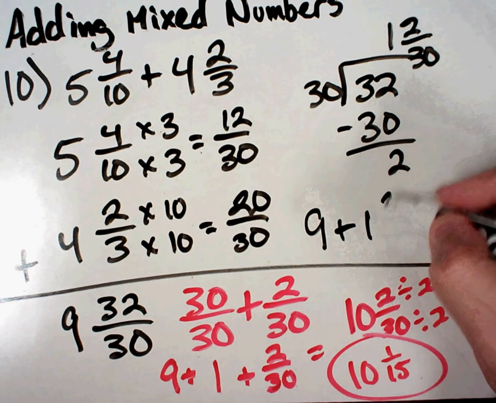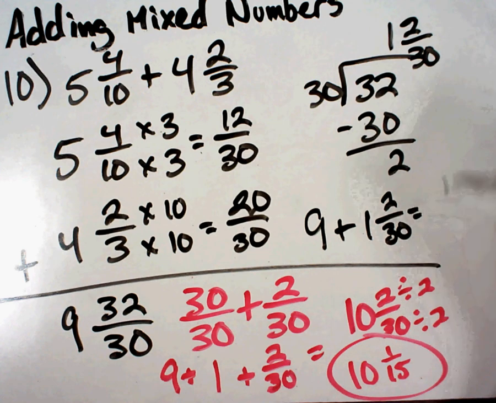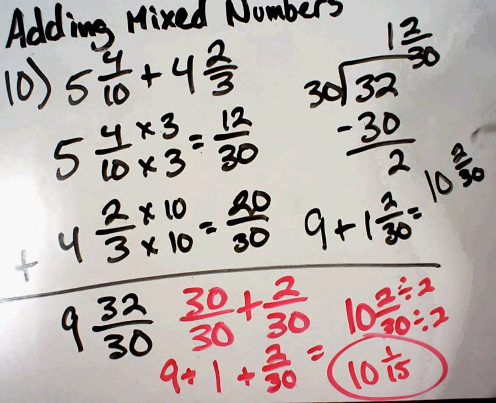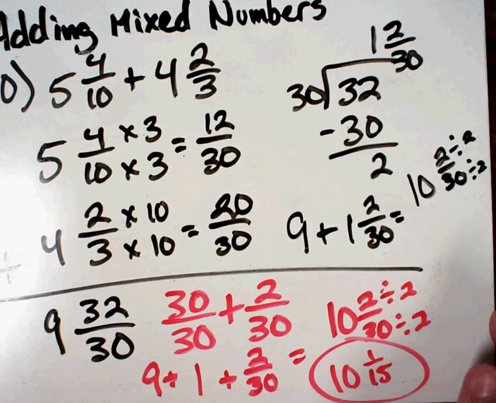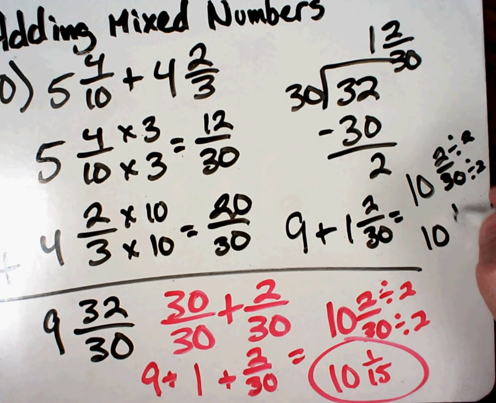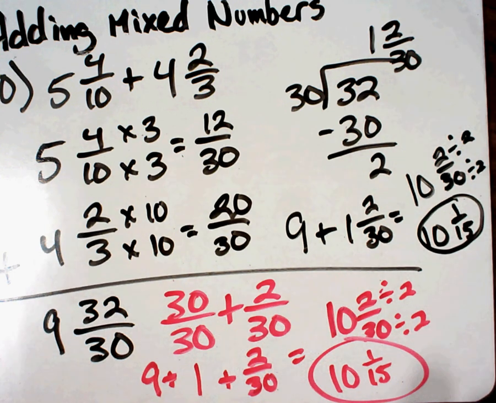Plus 1 and 2/30 gives me 10 and 2/30. Just like I had to do down here, I've got to simplify. So divide top and bottom by 2 because they're both even. Running out of room. And so my final answer is 10 and 1/15. Ran out of room on that one.